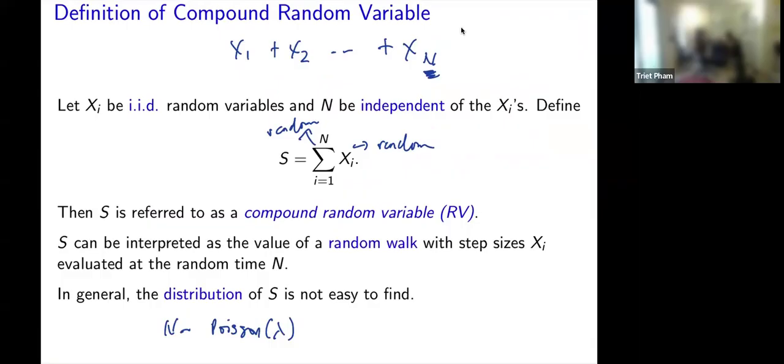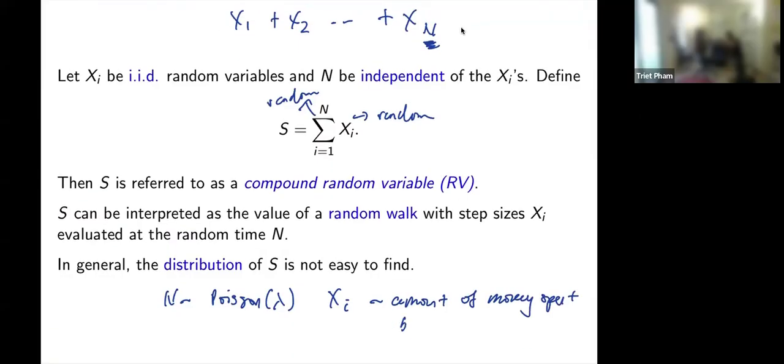Then let xi be the amount of money spent, say they buy stuff at the yoga studio. Then notice that S here exactly represents the total sum of money that the store will get during that time interval.